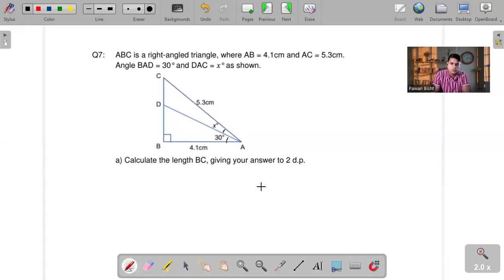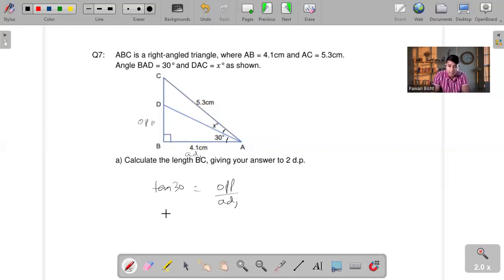Can I find BD first? Can I find the length BD? If I am talking about the small triangle ABD, this will be opposite and this will be adjacent. So tan 30 will be opposite over adjacent. Remember the trigonometric table.